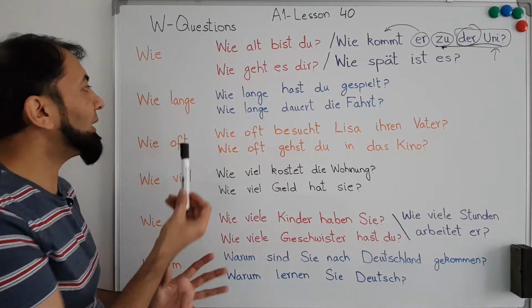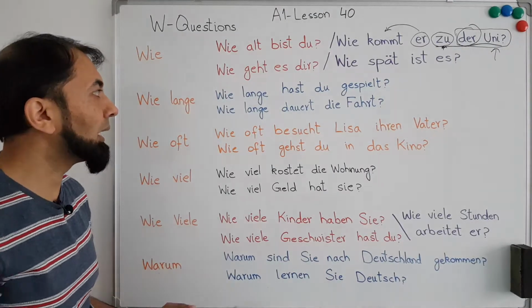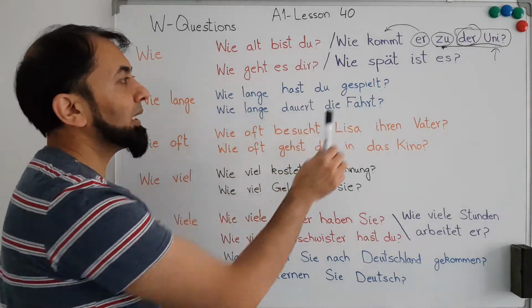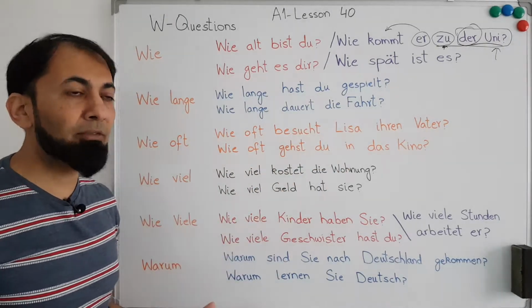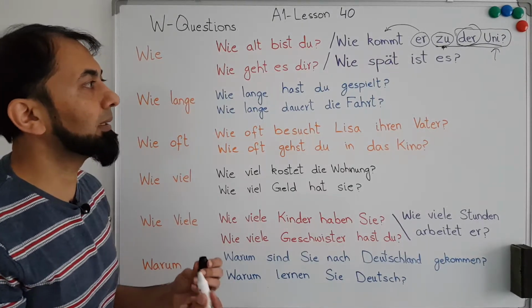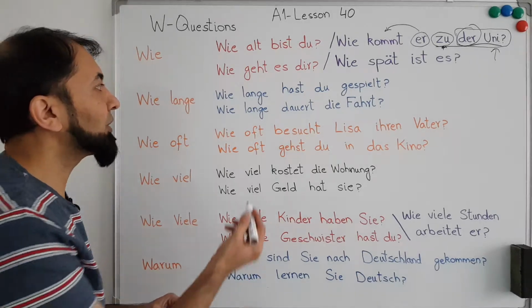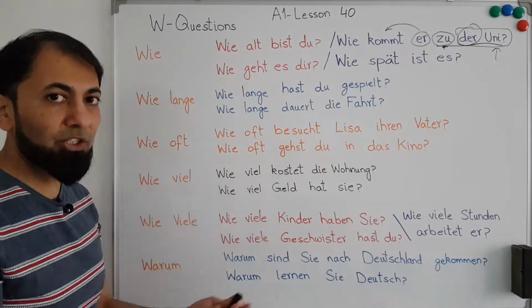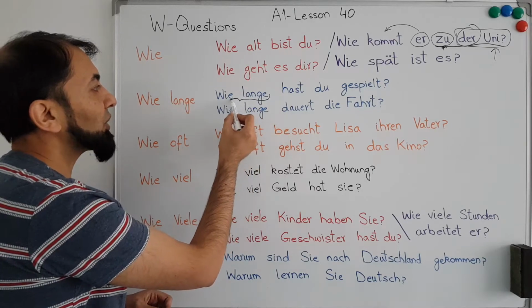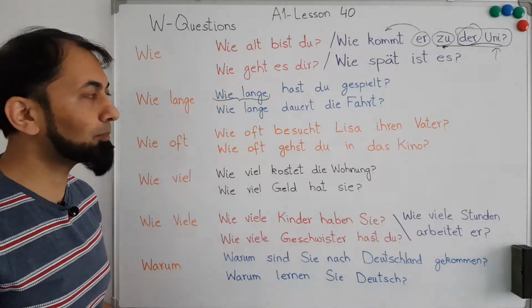Wie lange means how long. Wie lange hast du gespielt? How long have you played? Now this is a perfect sentence in the German language, which is again in question form, and we have used the question word wie lange at the first position.